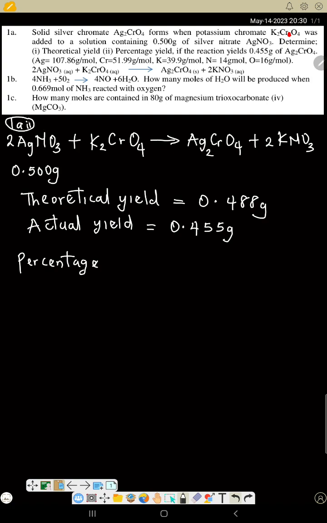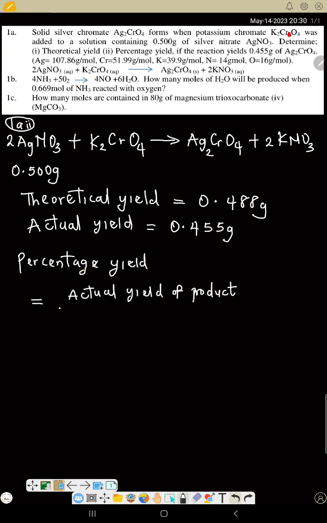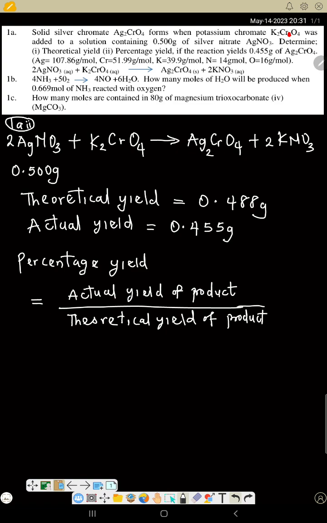So the one I'm doing now is 1A2. Percentage yield is equal to actual yield of products divided by theoretical yield of products, times 100.